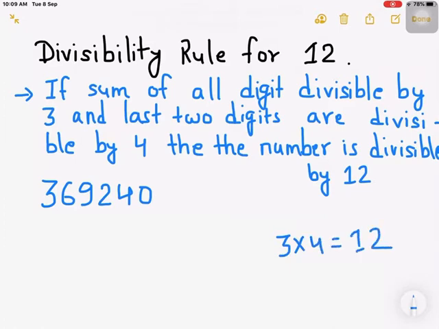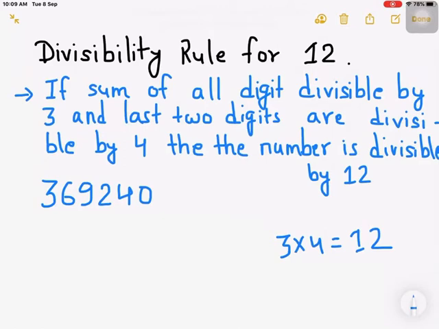So this is a trick for you to remember that if we have to check whether a number is divisible by 12 or not, it has to satisfy the divisibility rule of 3.